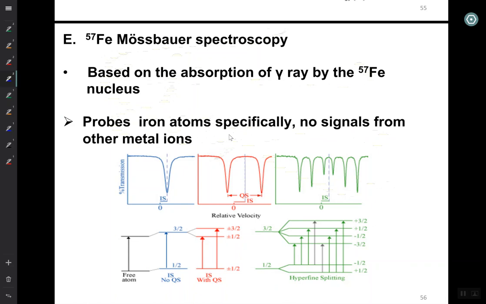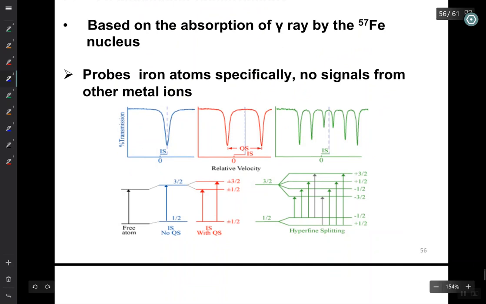In addition to iron, you also have, let's say, manganese, cobalt, or nickel, other metals that can absorb in other experiments. But because of the energy of excitation of this iron-57 isotope, you're selecting for only the iron atoms, and you can see the environment of the iron.